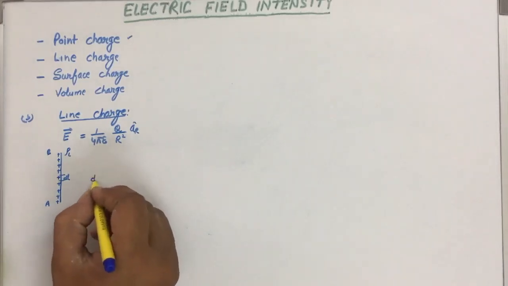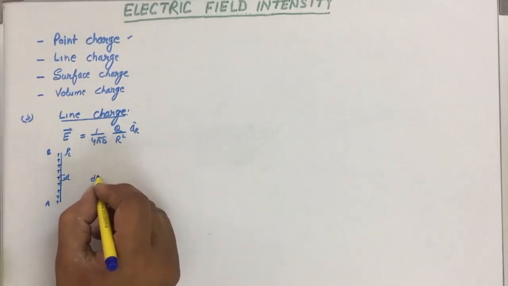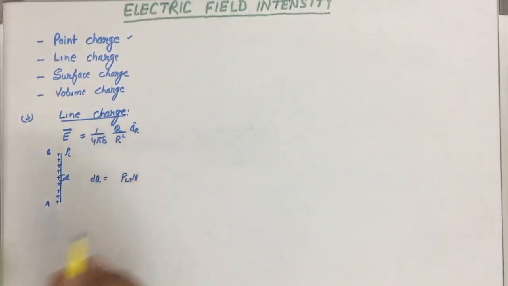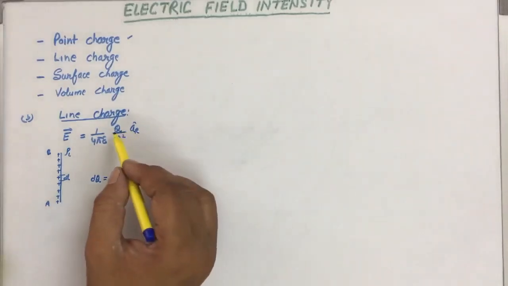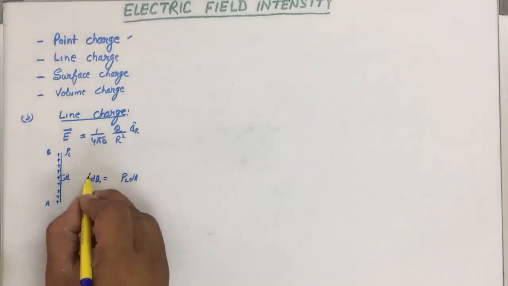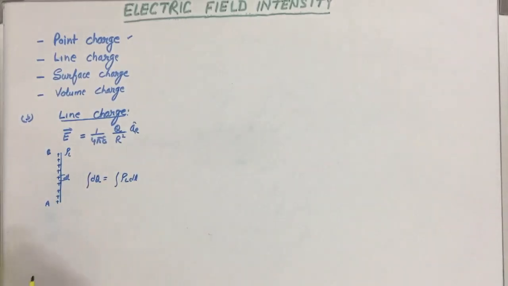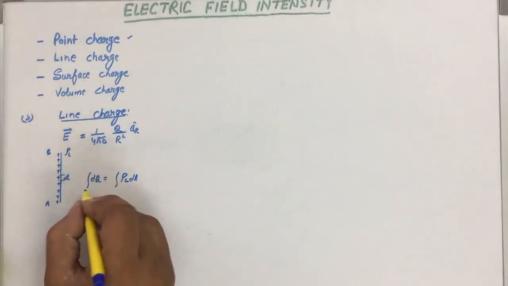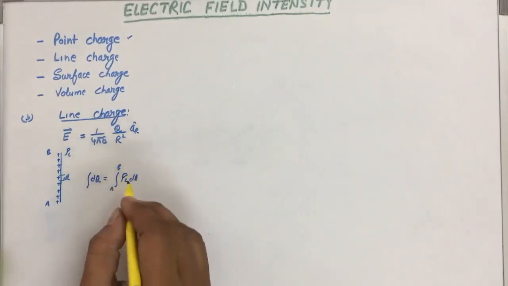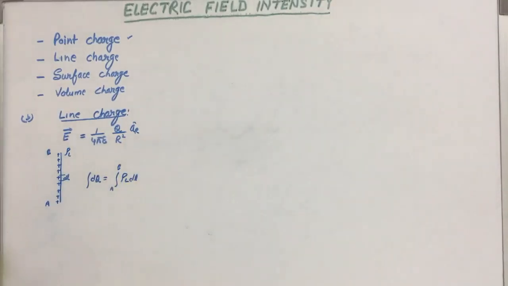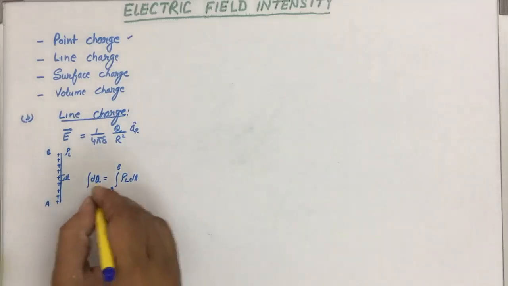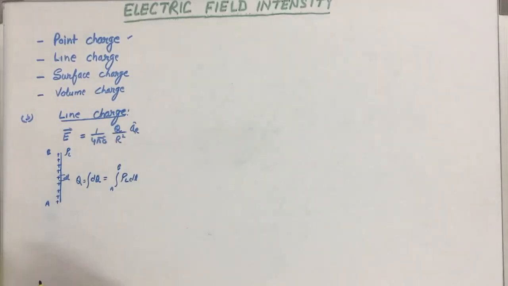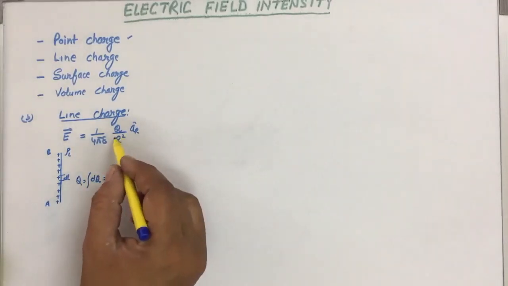So dq can be written as rho L dl. As our aim is to find the total charge, we have to integrate it from point 1 to point 2, that is A to B. It will give us the total charge. In this way one term came to be known. The second concern is R.